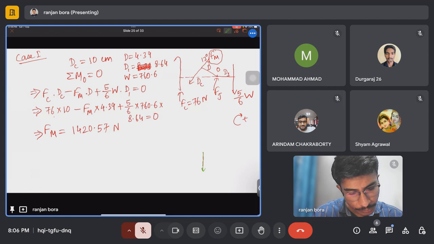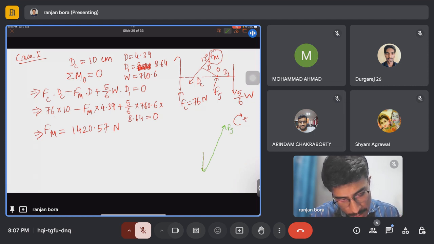Then Fj is acting in this direction, so this is Fj, this is 5 by 6 W, and this is Fm.